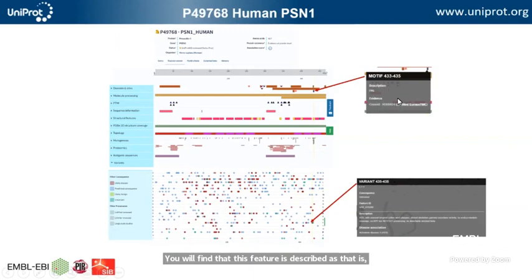This motif is described in the literature in this publication with this PubMed ID, and you can access this reference by PubMed or Europe PMC to read more about the motif in presenilin 1 and the putative effect of the variant lying in this region.